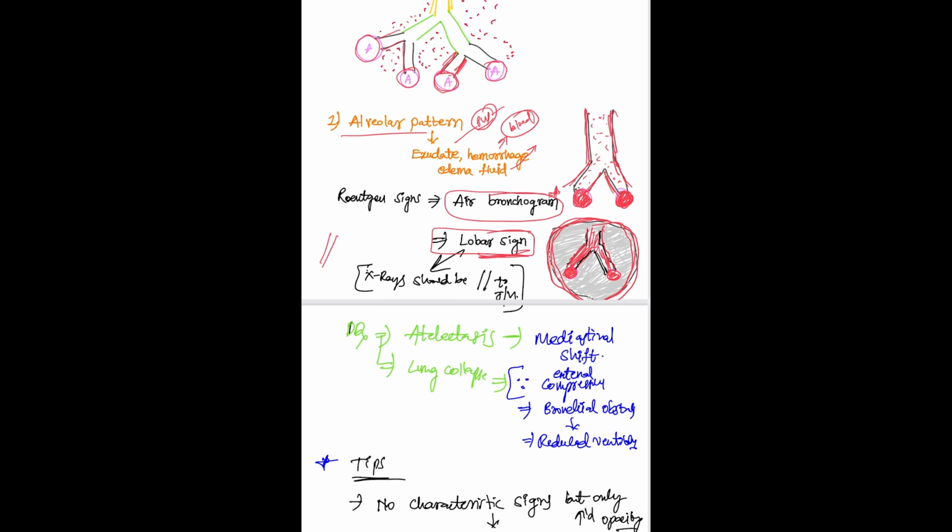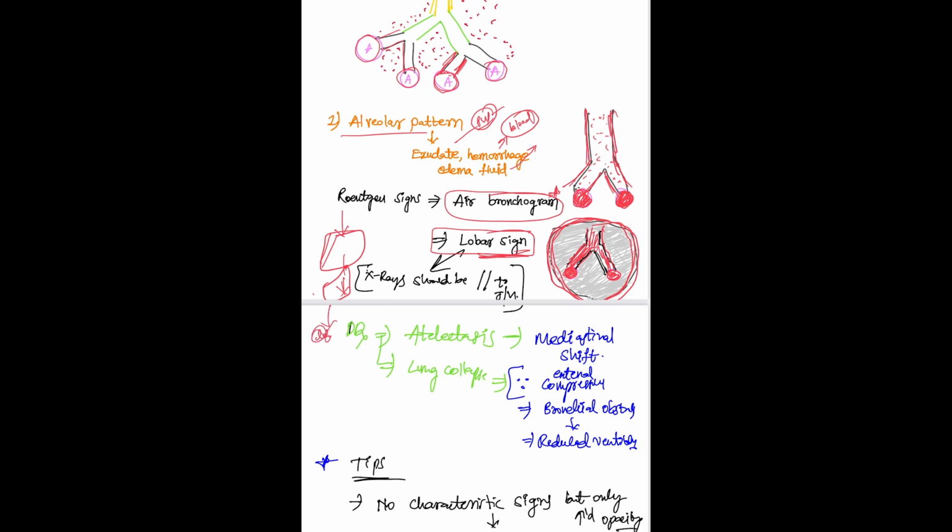For example, this is the normal lung lobe and this is the affected lung lobe, and this is the junction. If X-rays are coming like this, then there is a high chance that the normal lung lobe will be superimposing on the abnormal lung lobe, so the affected lung lobe may not be visible as the lobar sign.